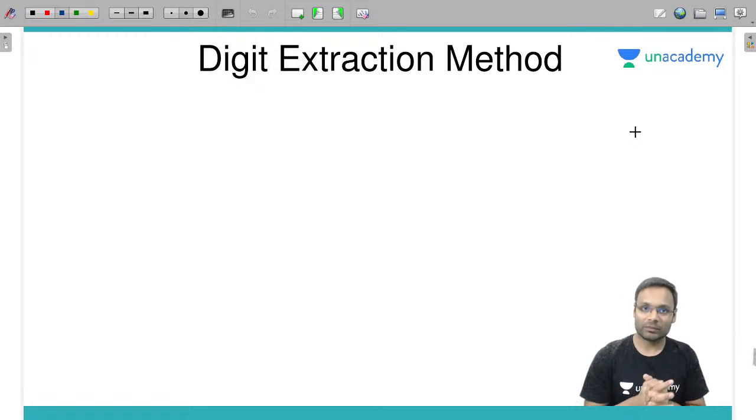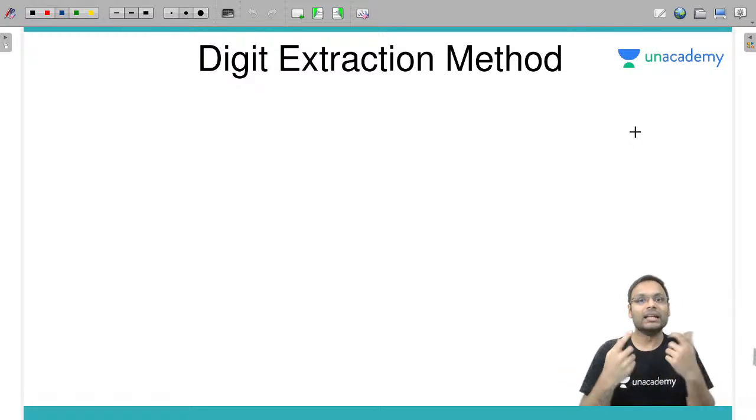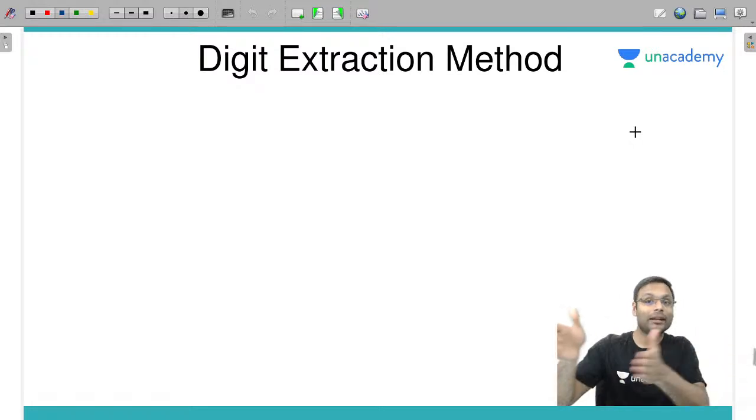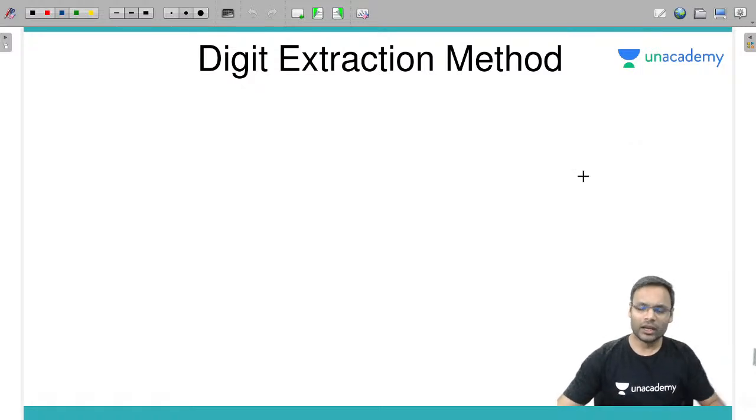Digit extraction method. Again, there is another method which can have multiple variants. So much detail is required so that you can understand what digit extraction is. Let's see what this digit extraction method is and how it works. Let's take an example.